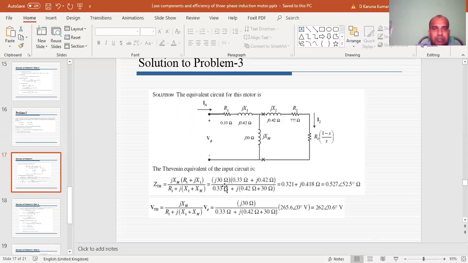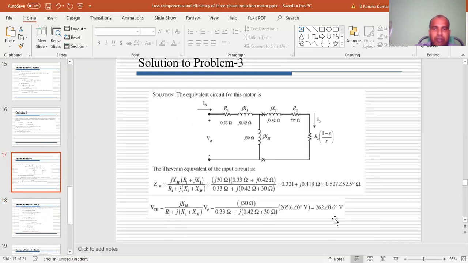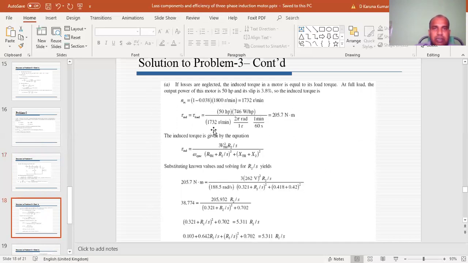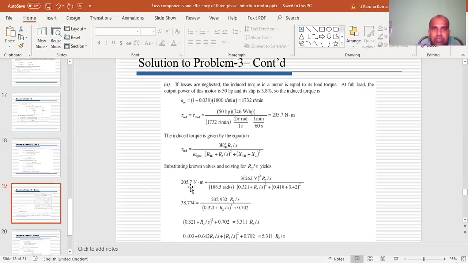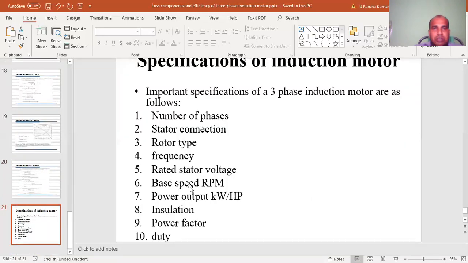You have to find the Zm value and the V value. Finally the V value is 262, and the load torque is 205.7 Newton meters, and these are the induced torque. This one is slip. You have to find the slip.